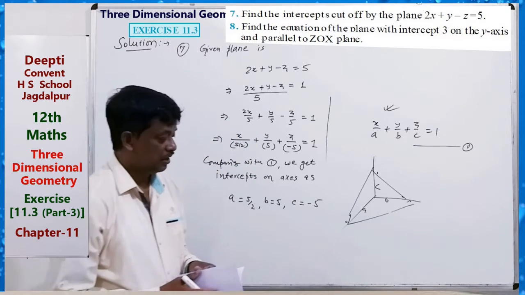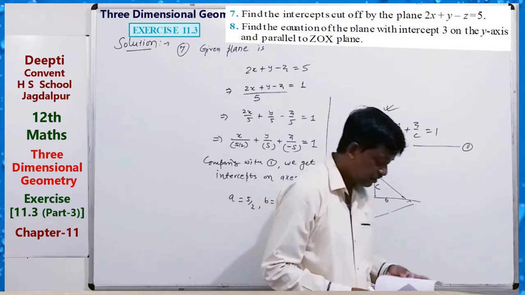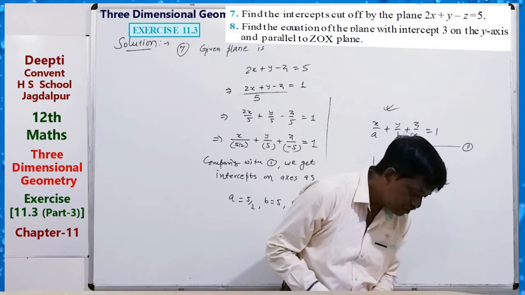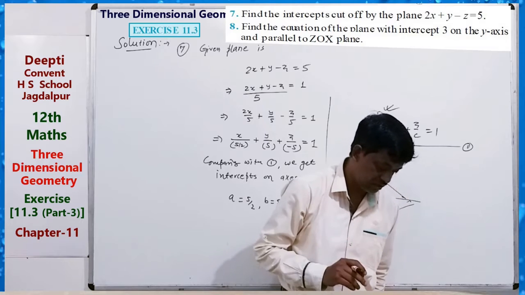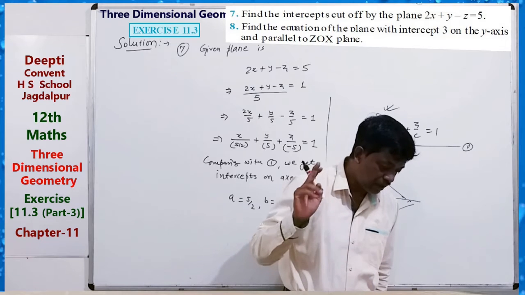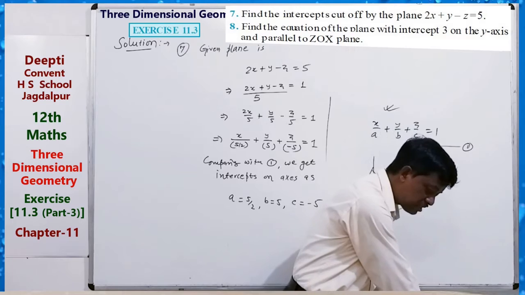Clear? Now question 8. Find the equation of the plane with intercept 3 on the y-axis and parallel to the ZOX plane.